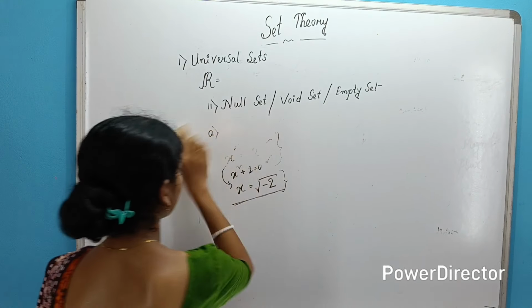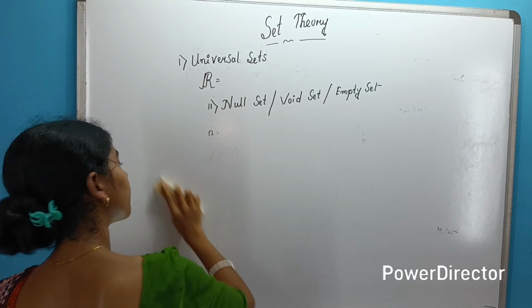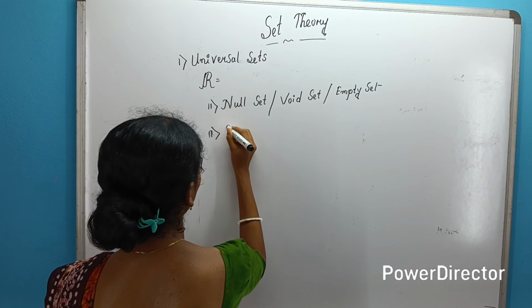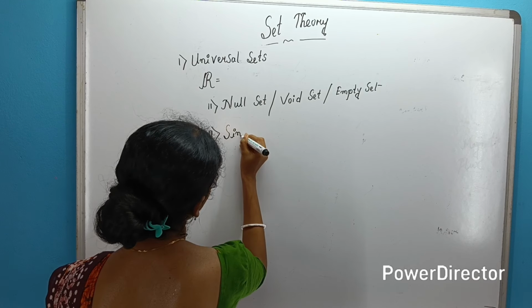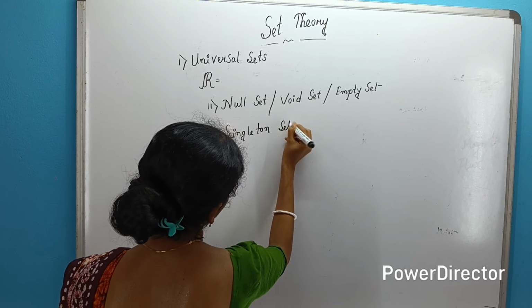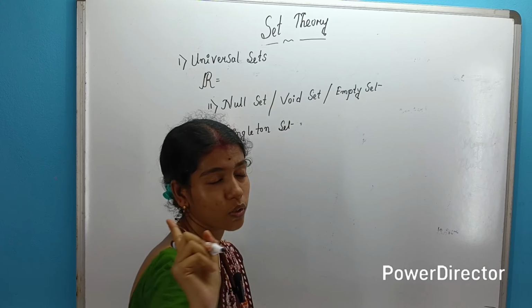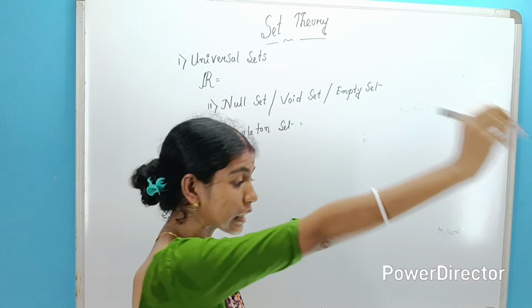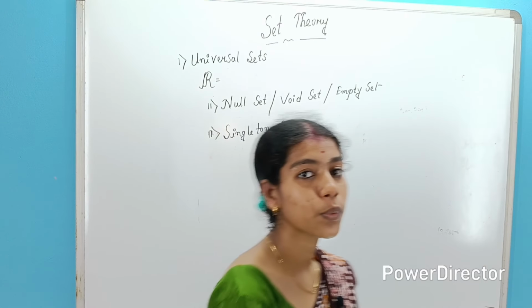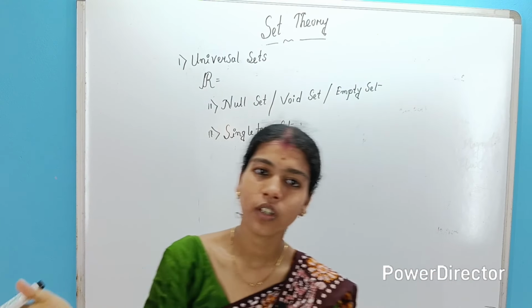Then the singleton set. Singleton set means just having one element. Like Earth has just one natural satellite, that is the moon. So the moon is the one element in the set of natural satellites of Earth.